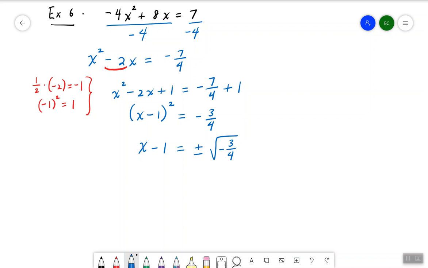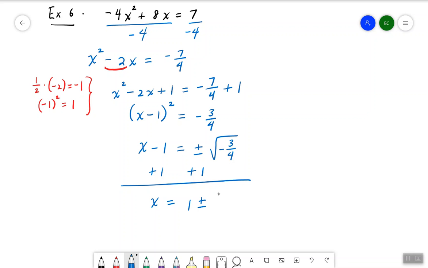And just a couple more steps to go. Let's add the 1 over to the other side, and let's get x equals 1 plus or minus, and then we need to simplify this square root of negative 3/4.